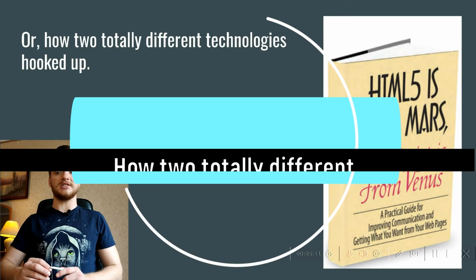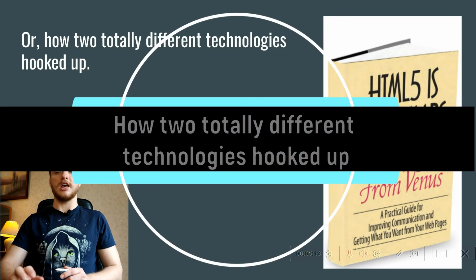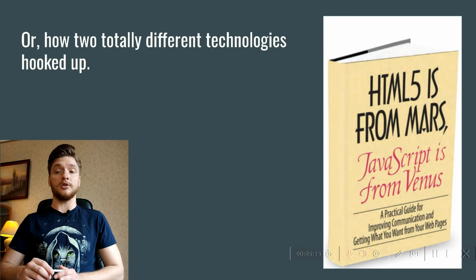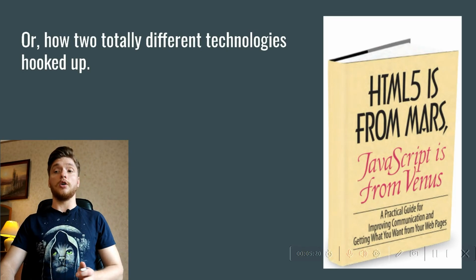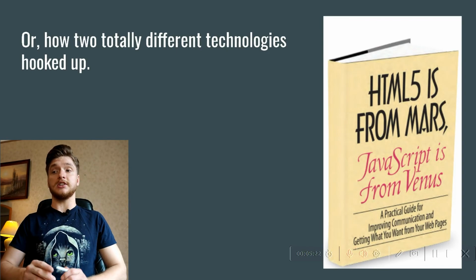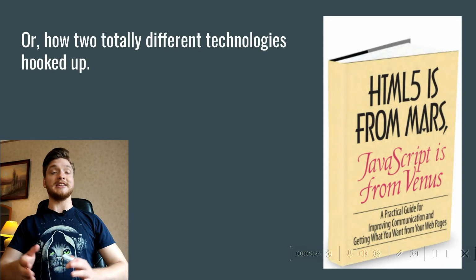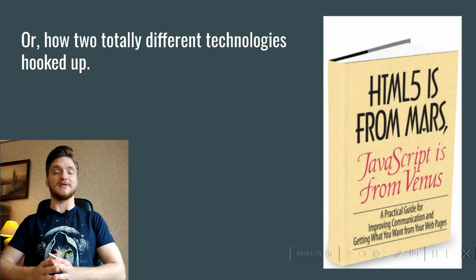HTML5 is from Mars, JavaScript is from Venus: a practical guide for improving communication and getting what you want from your web pages. Or how two totally different technologies hooked up. HTML and JavaScript are from different planets for sure.